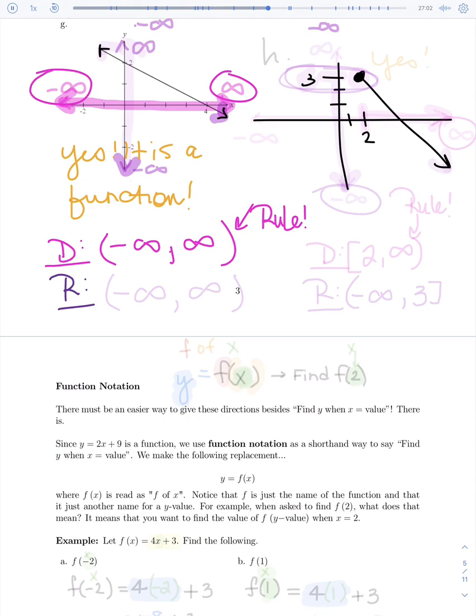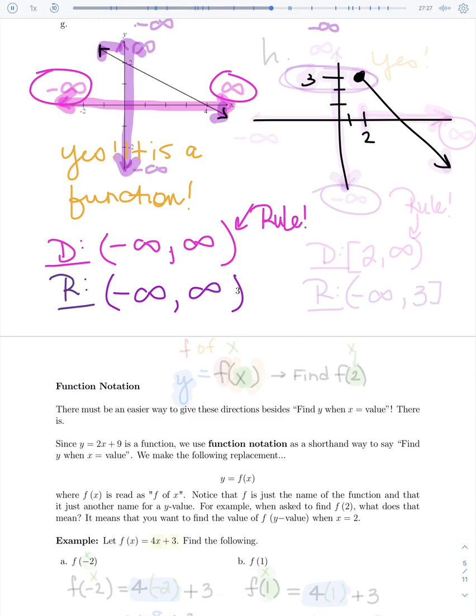And then working our way up, it does go up forever on this side. So, very similar to the domain, it's going to go down forever towards negative infinity, and it does go up forever towards positive infinity. Which means our range is negative infinity to infinity, and we always use parentheses with both of those. So we're done.